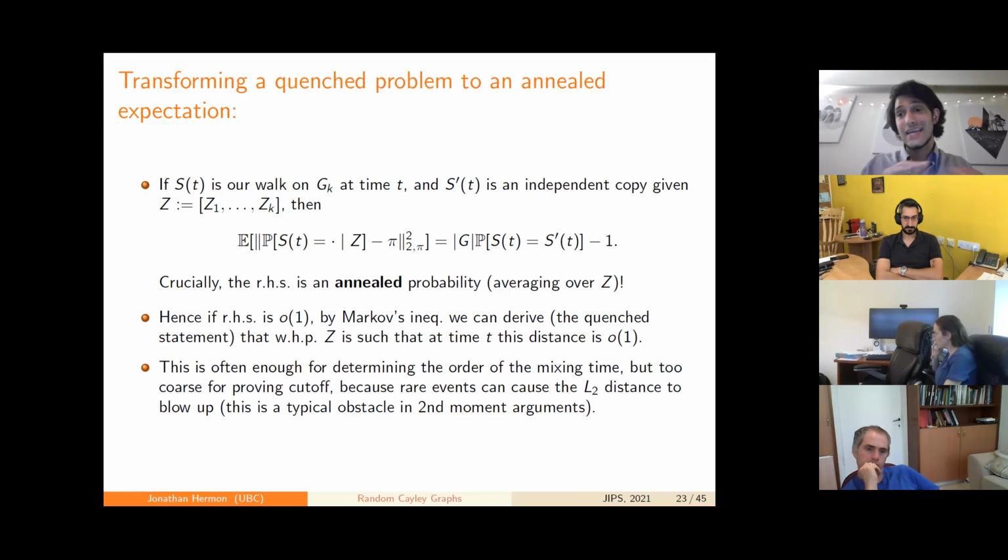This is exactly the same reason for which second moments can blow up because of rare events. And the way to often get around this for second moment calculations is to do a modified second moment calculation. Likewise, here we will do a modified L2 calculation.